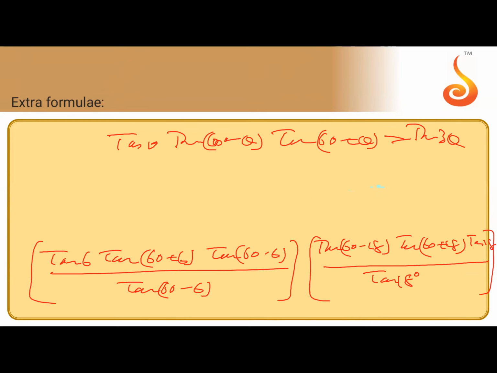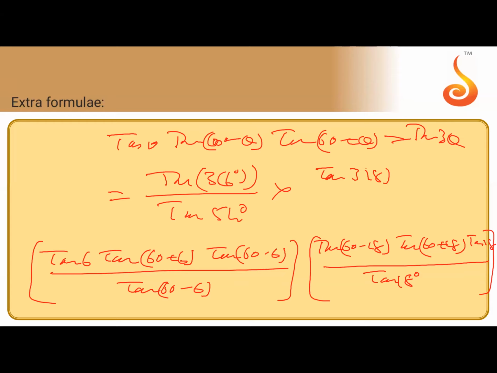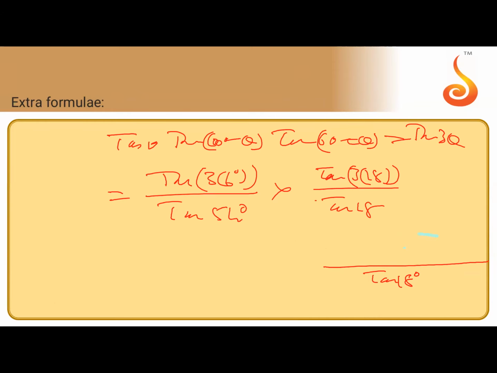Okay, fine, no problem. So what is the final answer? This is tan 3 into 6 degrees by tan 54. So tan 3 into 18 by tan 18. Yes, Kaustubh, very good, correct. What is the answer finally?